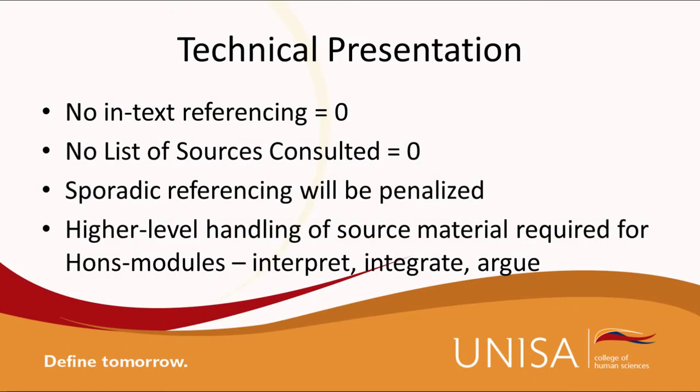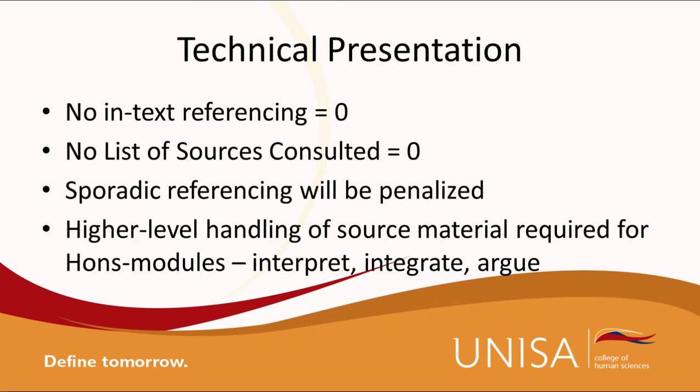You can't be describing a paradigmatic position without referencing every single fact, because none of those things you thought up. Those paradigmatic positions were conceptualized by those scholars whose works you are reading, and you must reference them for the points. So there's no way you can reference only once in a paragraph, for instance.